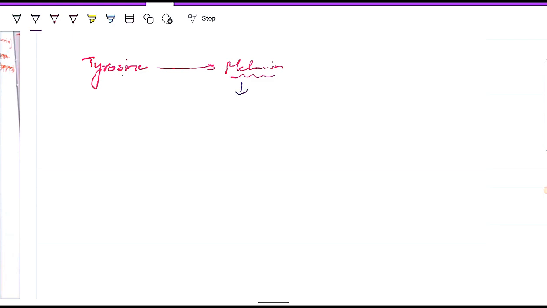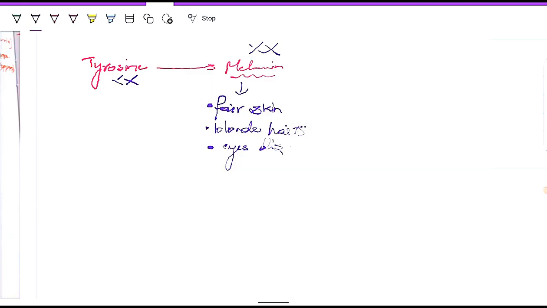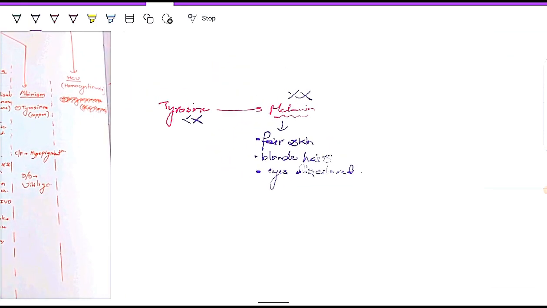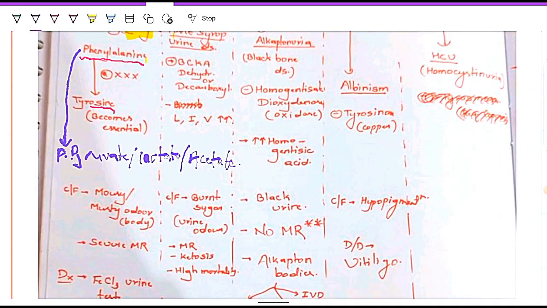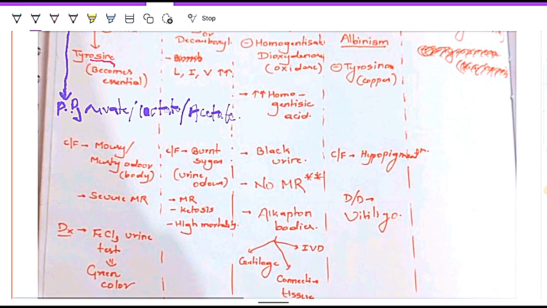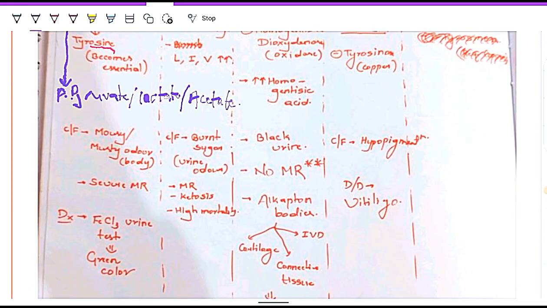So in the absence of phenylalanine hydroxylase, there will be no tyrosine, and hence no melanin, so there will be no pigmentation, and the patient will have fair skin, blonde hair, and the eyes will also be discolored. This is the reason the patient with phenylalanine hydroxylase deficiency will have hypopigmentation. In another way, because of deficiency of tyrosine there will be deficiency of melanin, because tyrosine is a precursor of melanin and tyrosine's precursor is phenylalanine.